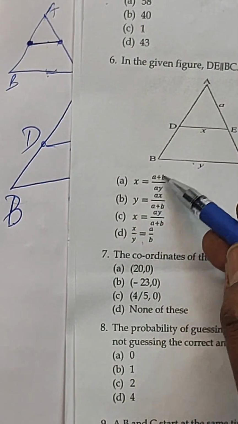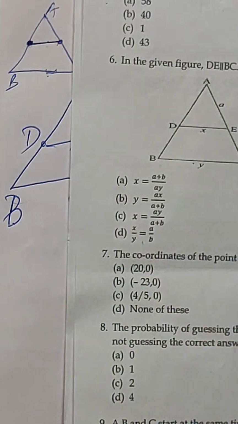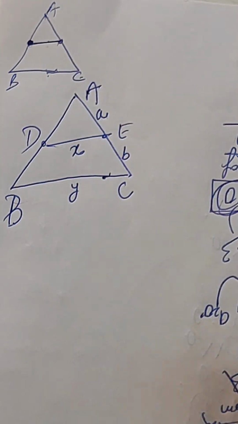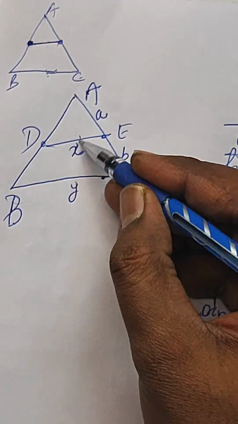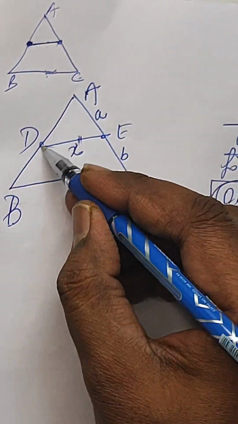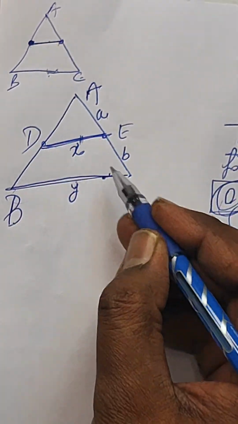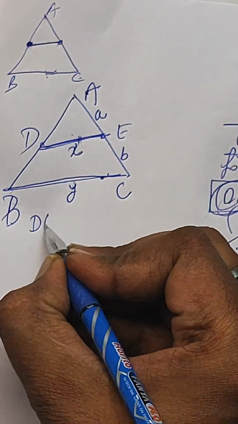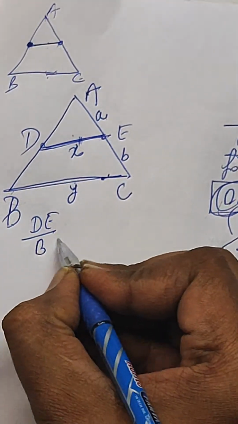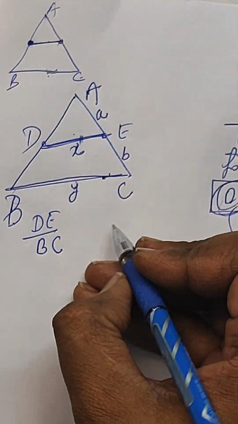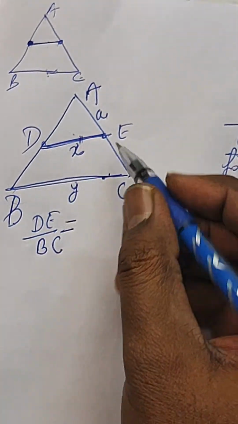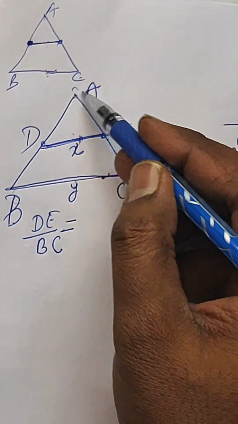A plus x equal to this, right? So the ratio of this to this, right? If you remember the midpoint theorem, then the ratio of DE to BC is equal to the ratio of AE to AC.